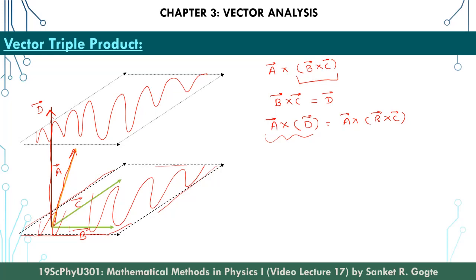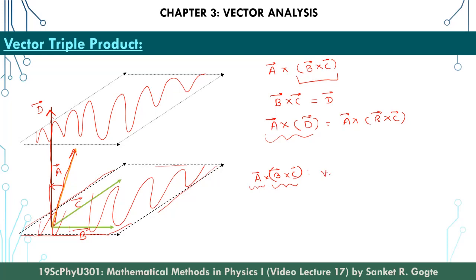If you hold your hand such that there is rotation from vector A to vector D, which is denoted by the four curled fingers, then thumb denotes the direction of the resultant vector. It should be clear that when we calculate this A cross B cross C, this is a vector quantity because this is a vector and we are taking cross product of two vectors.